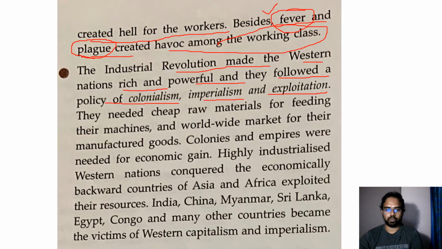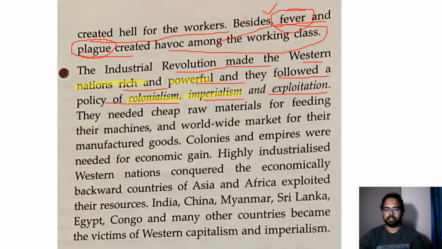Another negative impact was that the nations became rich. The Western countries like England, France, Germany, they became very rich and powerful, right? When they became rich and powerful, what did they start doing? They adopted the policy of colonialism. That means going and occupying and turning other places into their colonies.